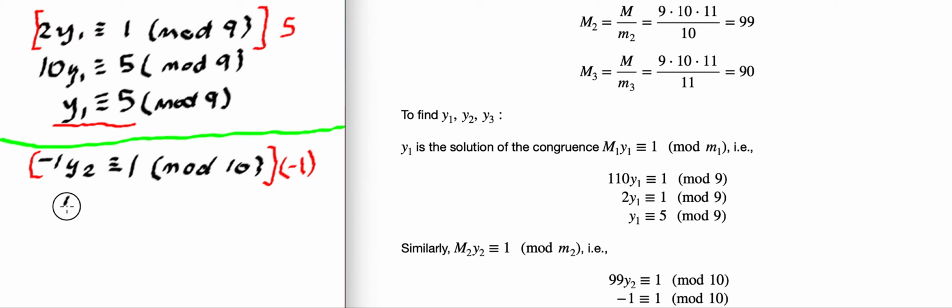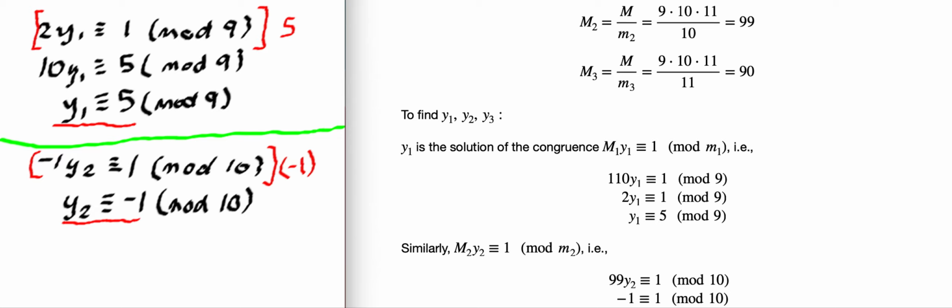That's going to give us y sub 2 alone, which is congruent to minus 1 mod 10. And this will be our y sub 2. Our y sub 2 is negative 1.